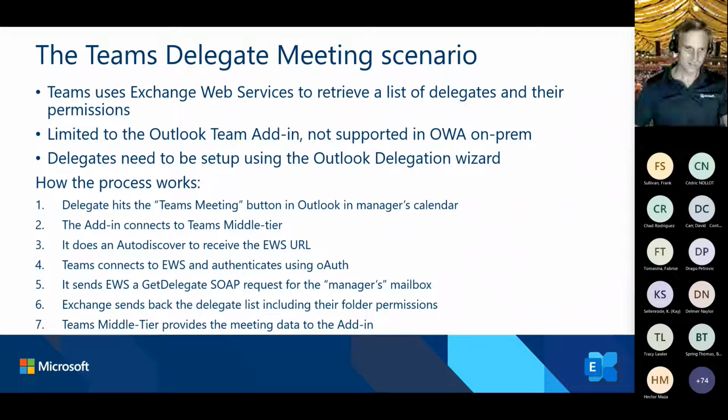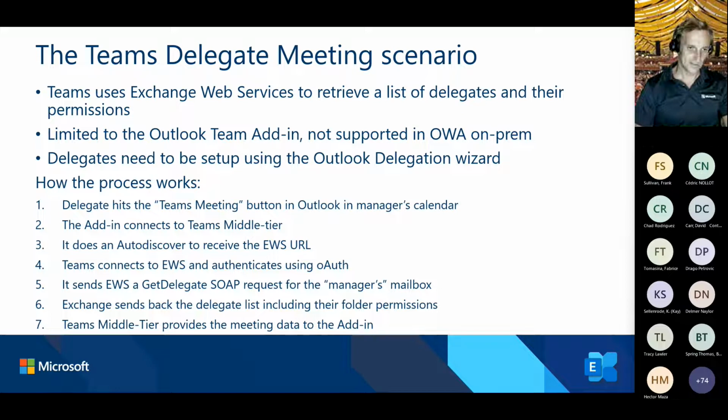And then, and that's the difference to the other calendar call, the Teams scheduling service backend server sends a GetDelegate SOAP request for the manager's mailbox, so for the delegator's mailbox, to the Exchange on-premises server, and Exchange on-premises then returns a list of delegates configured for this specific mailbox.